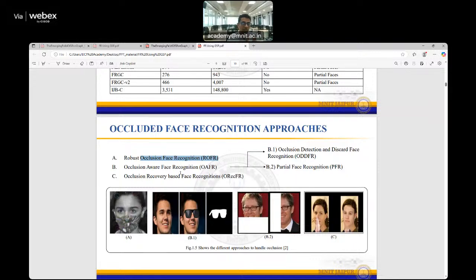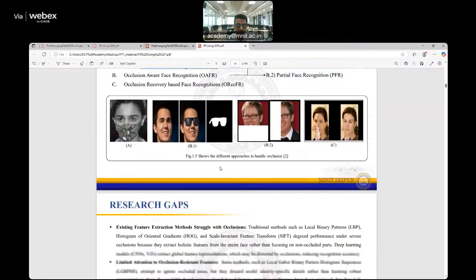In occlusion aware, the part which is occluded, we remove it. While in occlusion recovery based face recognition, if something is occluded, we want to recover it back. We want to reconstruct that occluded area. These are the three approaches here.